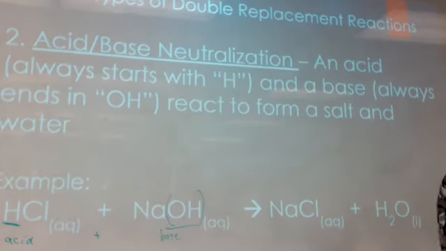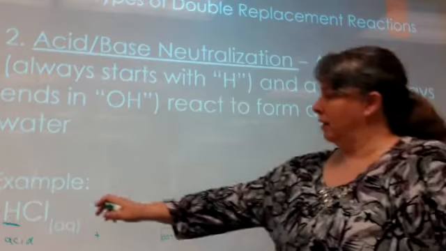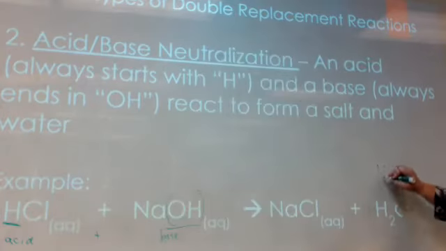The two products will always be the same in general terms. One of the products will always be water. Can anyone see where the water comes from? The H and the OH. HOH, remember we rewrote that in our balancing.